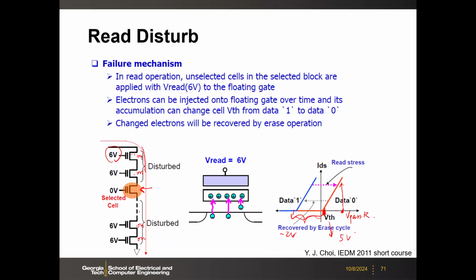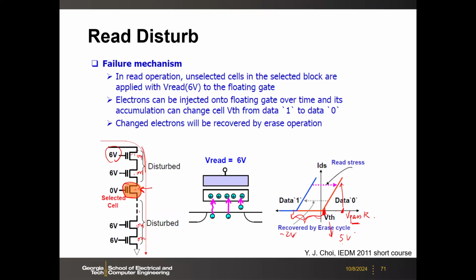Therefore, whether this string will have current or not fully depends on this cell. This is your selected cell. If the selected cell is on, then the entire string will have current. If the selected cell is off, then you do not have large current through the string. So you want other cells to be fully on. That's why you apply this V pass R kind of high voltage, 6 volts, for example.